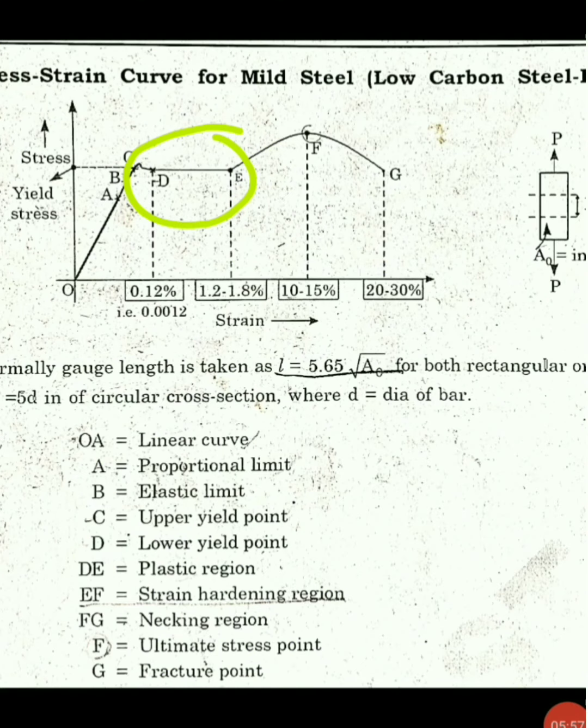Now in the D region we can see, even with a small increase in stress value, there is a large change in strain. You can see from C to D there was a very minute change in stress, but when we go from D to E at the same stress, the value of strain increases from 0.12% to 1.2%.